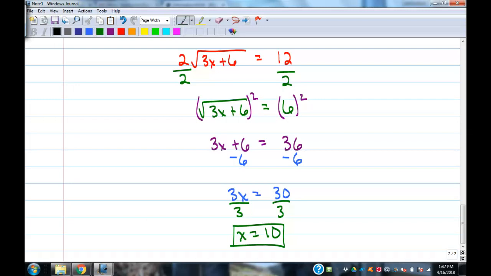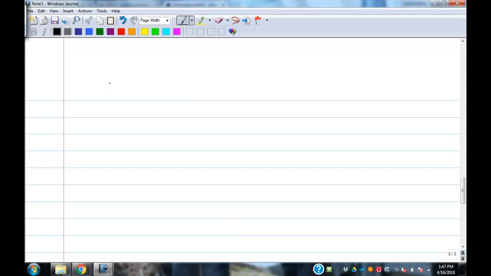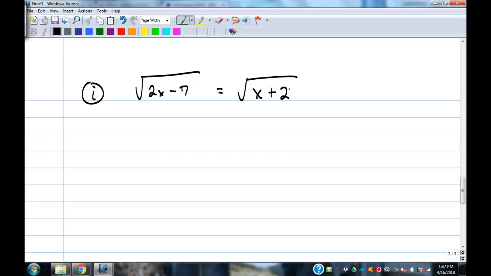Okay. All right. Let's look at one that looks really hard, but it's really not. It's actually some of the easier ones you'll get to do. Let's say we had the square root of 2x minus 7 equals the square root of x plus 2.